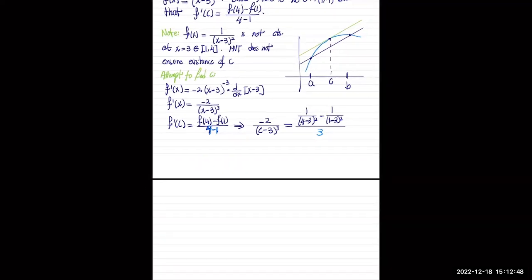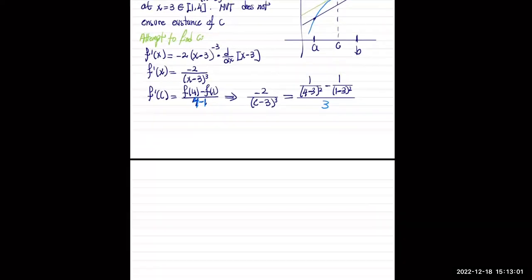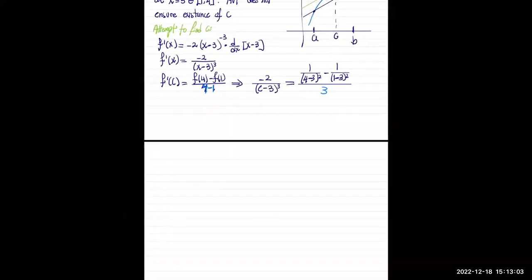It looks like a pretty ugly equation that you have to solve for c, but it's not. It does look horrible, but it's really not, because 4 minus 3 is 1. So here we have -2 over (c minus 3) cubed equal to 1 minus, and 1 minus 3 is -2.